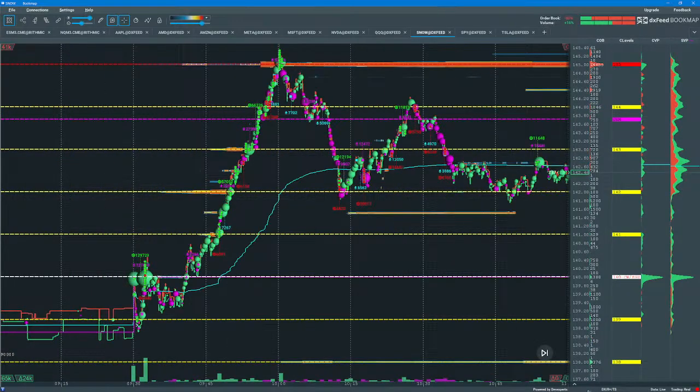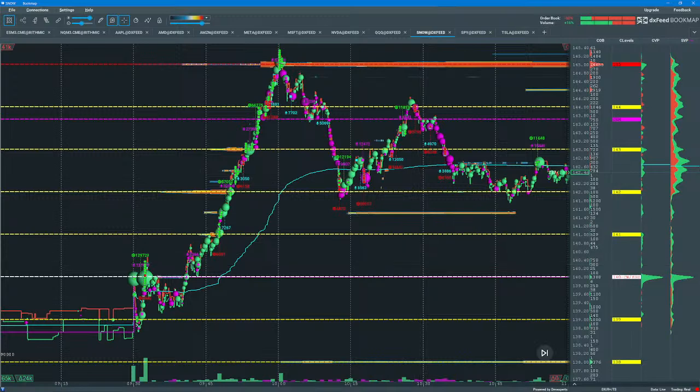Not sure why. Maybe it was in the news. I'll have to check on that later. But you know, super uptrend in the morning. If you had any information, any thoughts about Snowflake, the thing to do was just to buy a call.